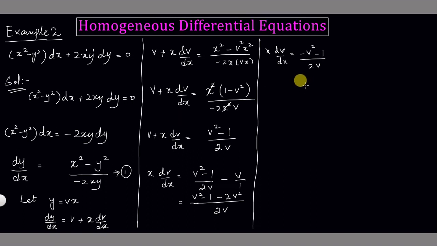Now we will separate the variables, and if we separate the variables, we will cross multiply the overall function, it will become 2v over v square minus 1. I will take minus common from here and convert the overall structure into the plus sign.